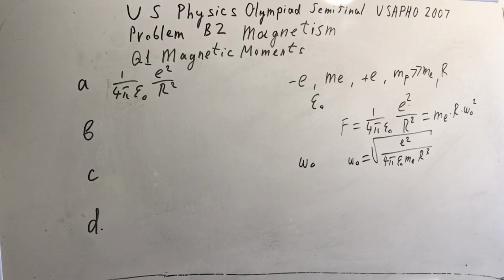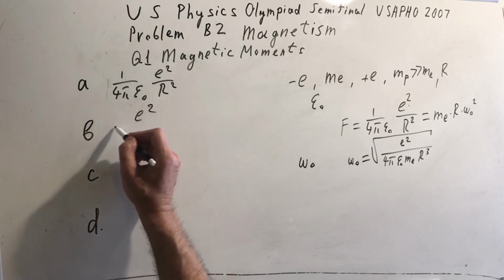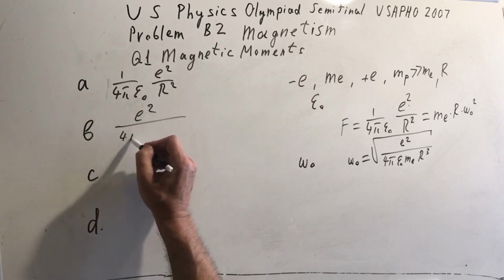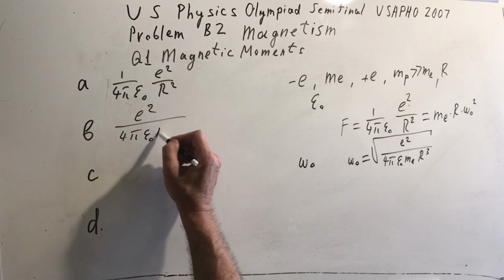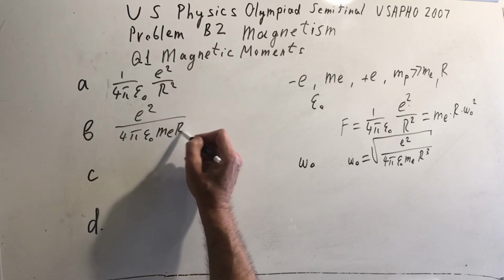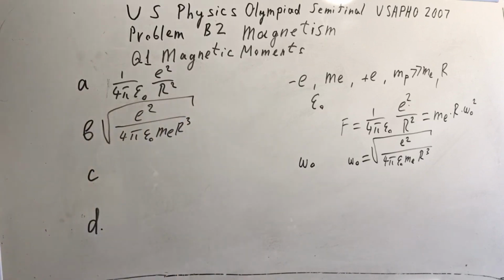So this is the answer for part B: e square over 4 pi epsilon 0 m electron r cube, under the root. So this is the answer for the second question.